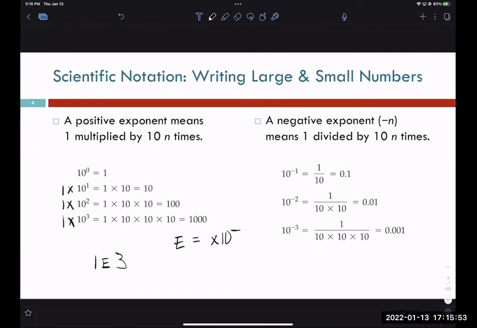So you can have 1 times 10 to the 3, 1E3, or you can have 1E negative 3. If you type it into your calculator, this is the easiest way to do it, and your calculator will give you answers like this if they're too big.